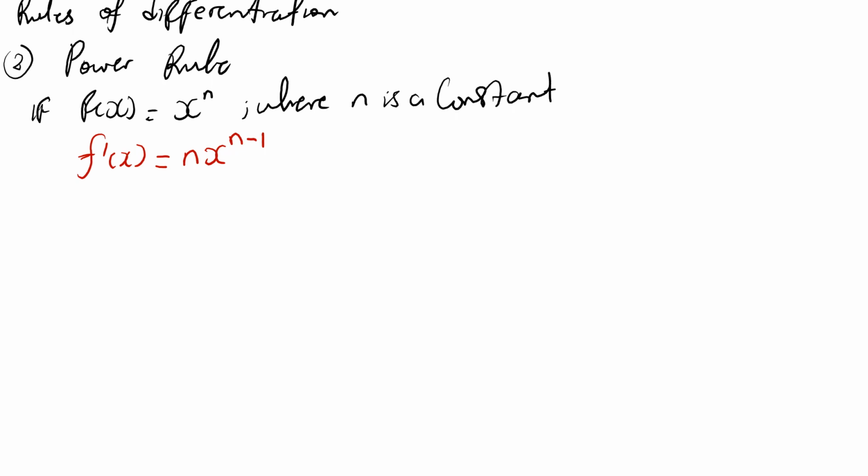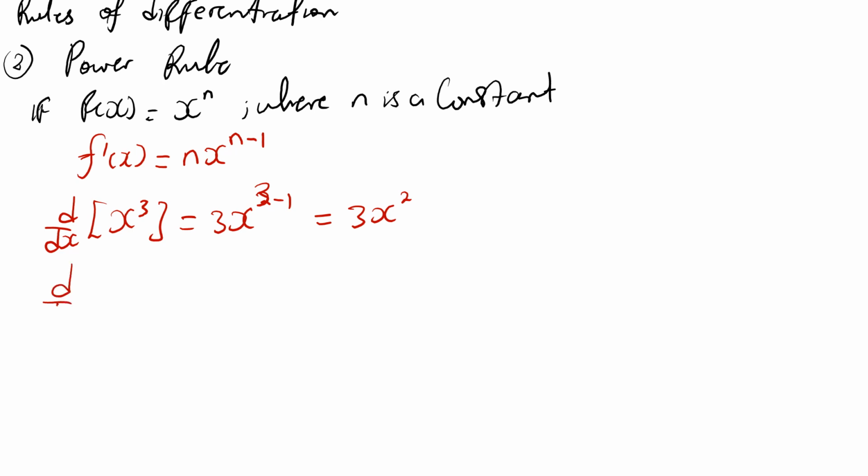Let's say we are differentiating x cubed. In this case, n is 3. So we drop 3 and subtract 1 from our exponent, 3 minus 1, so 3x squared is our final answer.